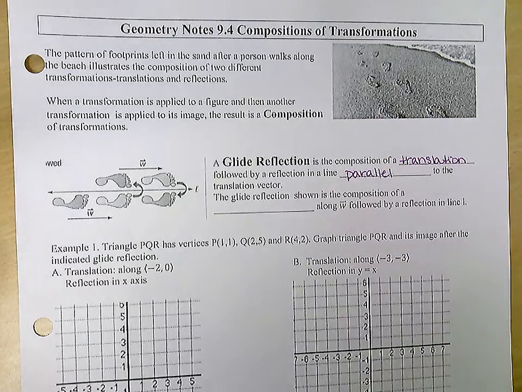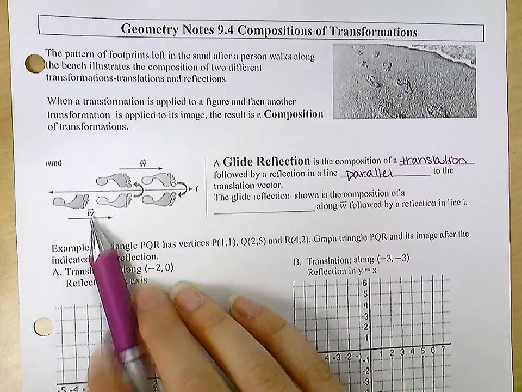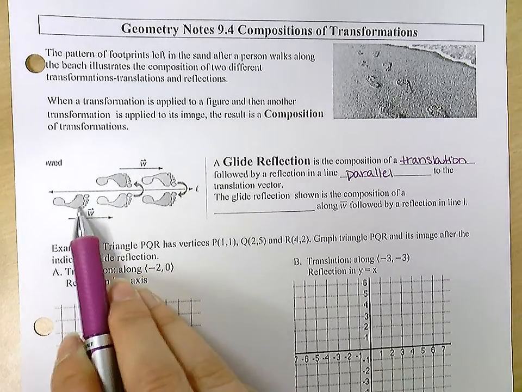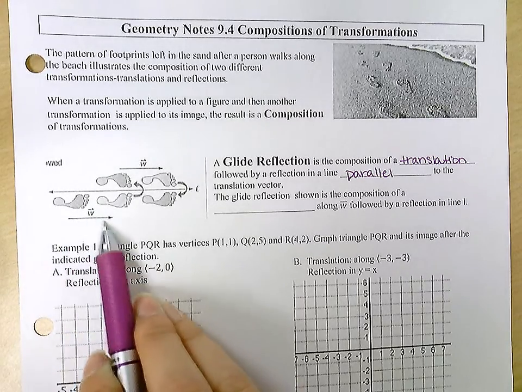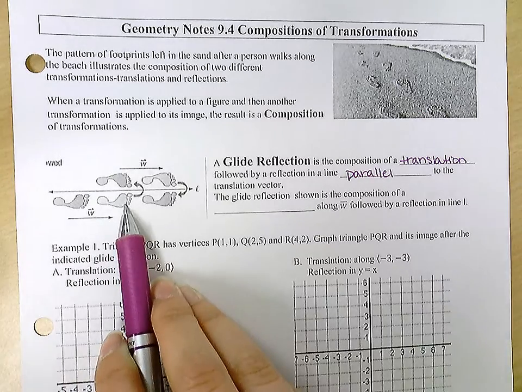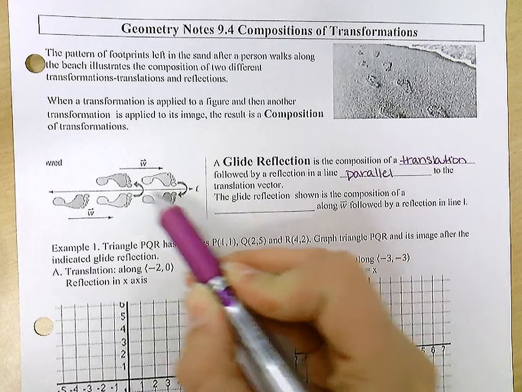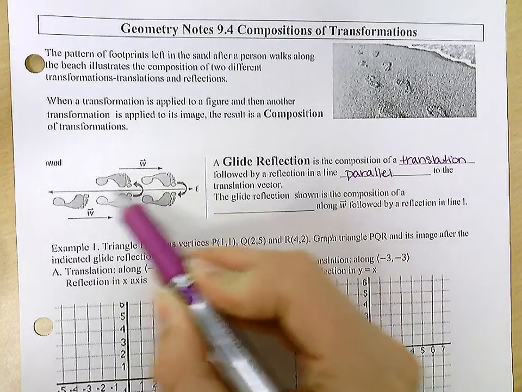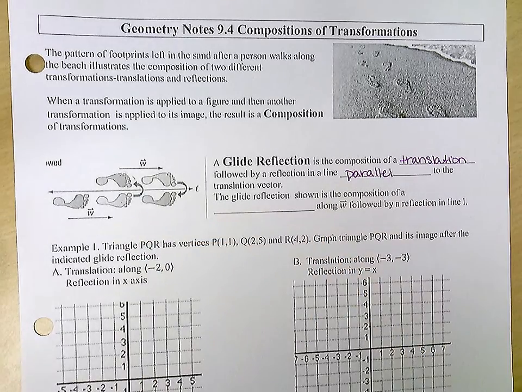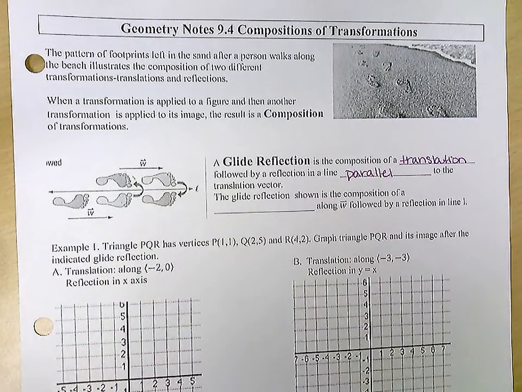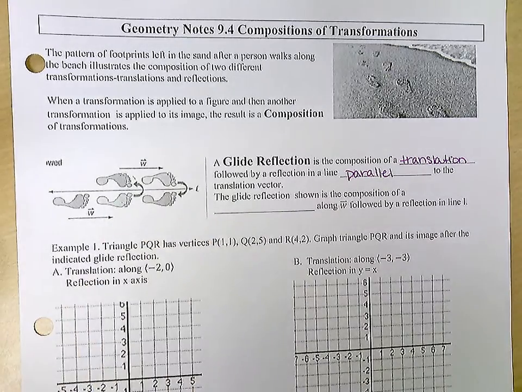So off to the left here, if I'm starting at this foot right here, first we can translate it forward along vector W. Okay, so it slides forward, and then it reflects over this line L here to create this image on the top. Okay, so it translated and then reflected over that line L.